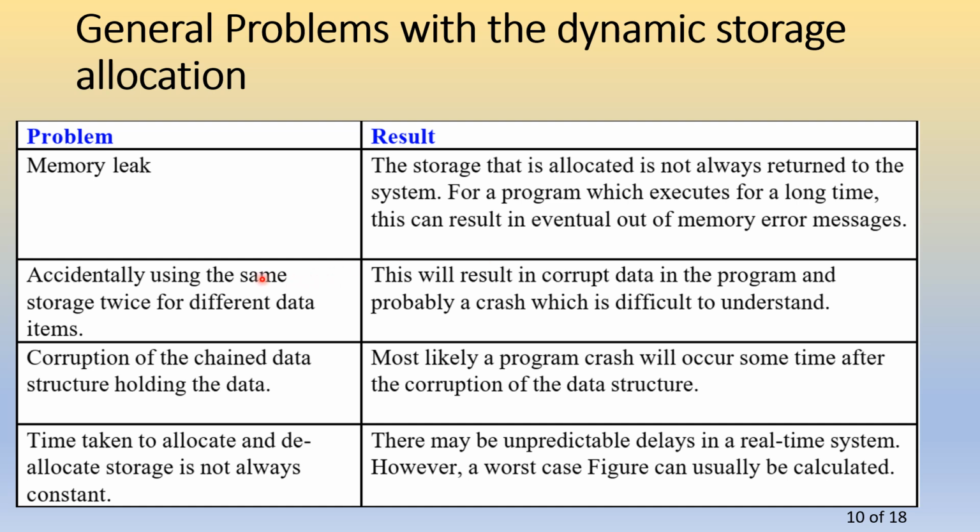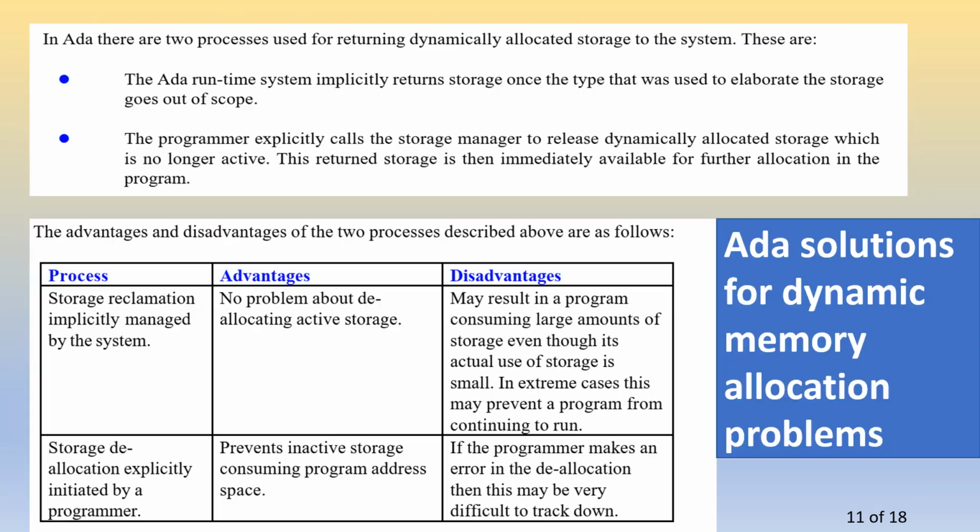And you may try to access the same memory once again for different data items. Then this will corrupt, and if the chain is broken, you will not be able to see the data properly. Another one is time for deallocation. The time to allocate and deallocate storage is not always constant, because this varies from one type of memory to another, and this needs to be calculated before using the pointers.